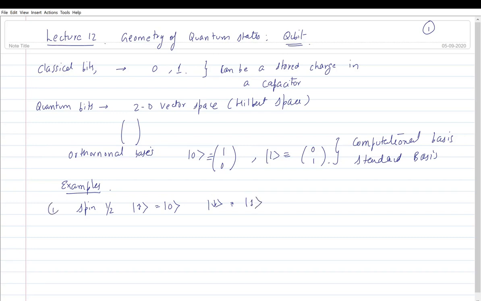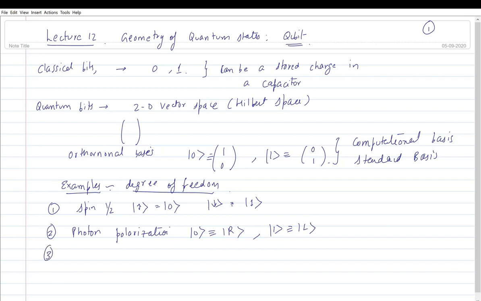The example depends upon the degree of freedom we are considering, whether it's a spin degree of freedom of an electron or, let's say, a photon polarization, where your right circular light could be 0 and 1 could be your left circular light.